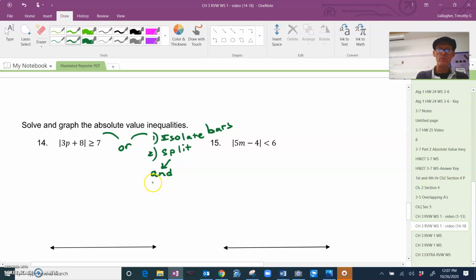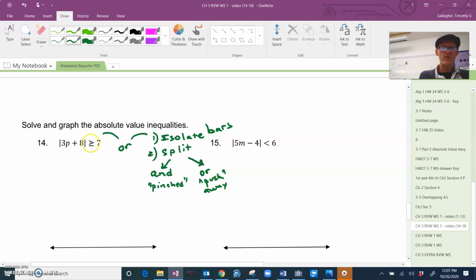An AND problem, remember, is a sandwich, is pinched. It could be an OR problem. Now, if it's an OR problem, it's pushed out, pushed away. So you're going to pinch it in or push it away.